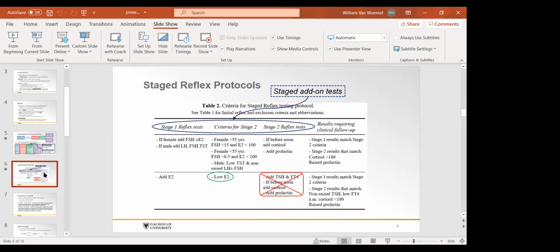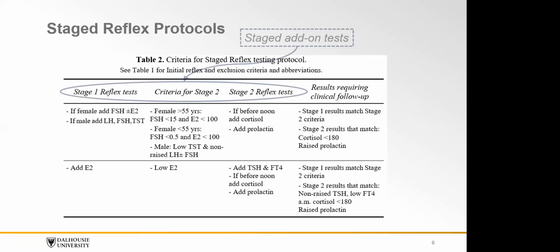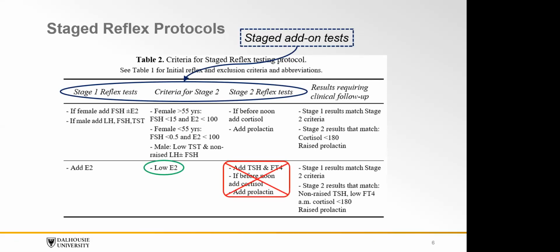Instead, we stratify this into a first stage, and only if estradiol is low, that may point to a problem. So only then do we add tests for TSH and FT4 hormones, cortisol and prolactin. So in case E2 is not low, we can avoid having to issue these 4 additional tests.